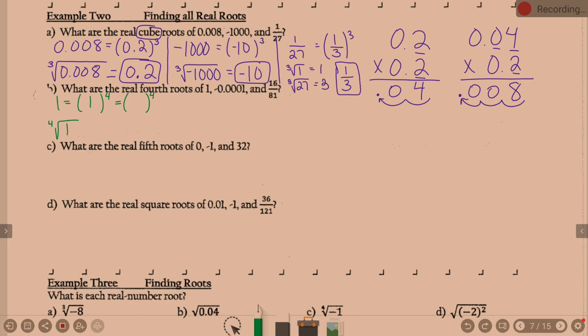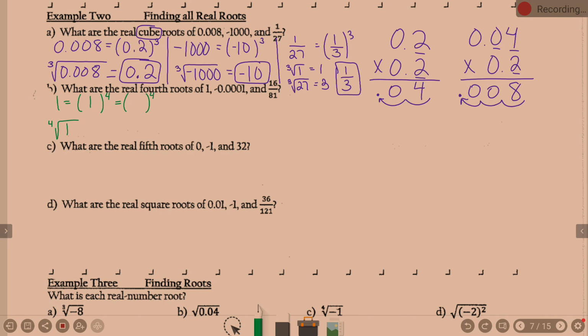What happens when you multiply an even number of negatives? Yeah. So -1 times -1 is +1. And what I like to do is say -1 times -1 over here is also a +1. +1 times +1 is +1.